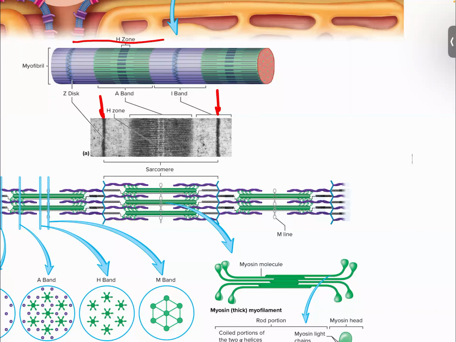Between two Z lines is one sarcomere itself. Then you can see this alternating line. This light colored line is the I band. Notice the I band is a region of actin only, tethered to the Z line. That's why it's light: you don't have as much protein filament there, and it's the thin filament, so even less protein material to stain.